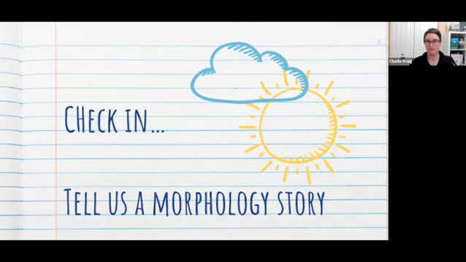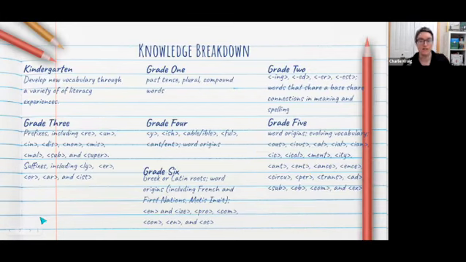And I had a lot of fun putting together our next 40, oh geez, we only have 35 minutes left, which was a whole other rabbit hole that I fell down this month. Anyone that's come more than once can't be surprised that that's what happened when I started building this session. I put this slide together, and this isn't really new information, but I wanted to present it in another way for you. This is the knowledge breakdown for each of the grades in the new ELAL curriculum as related to morphology.